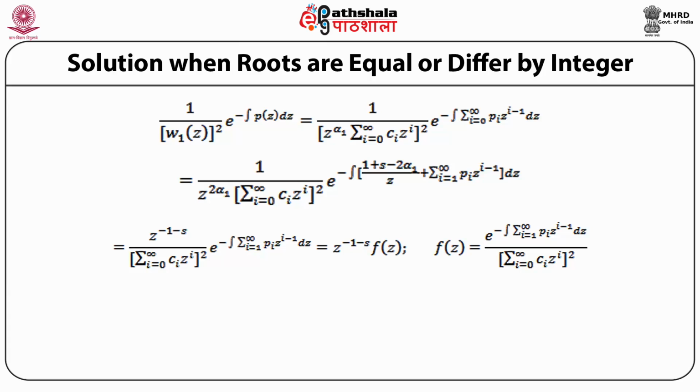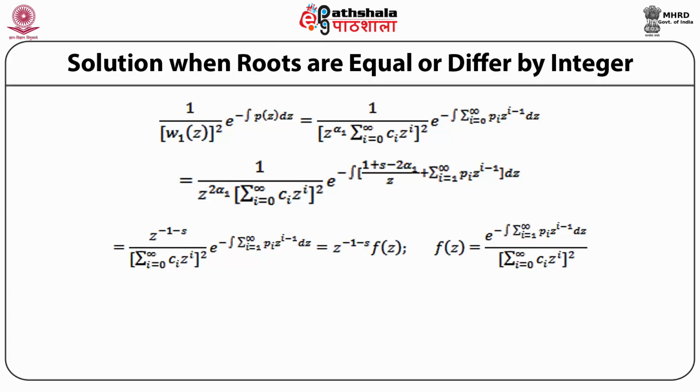This is equal to z raised to power minus 1 minus s divided by square root of the terms summation i going from 0 to infinity c i z raised to power i into e to the power minus integral of summation i going from 1 to infinity p i z raised to power i minus 1 dz.